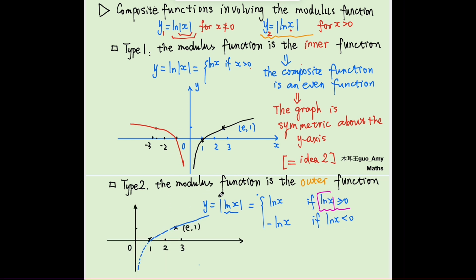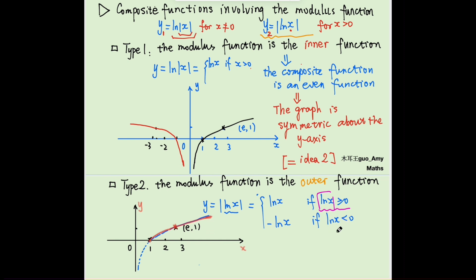As a result, we first sketch the inner function y equals ln x. We use the key points (1, 0) and (e, 1) and the asymptote to get the graph. Then we will focus on the part when ln x is greater than or equal to 0. It means the graph is on or above the x-axis. For this part, we are going to keep the graph, change it to the solid line.